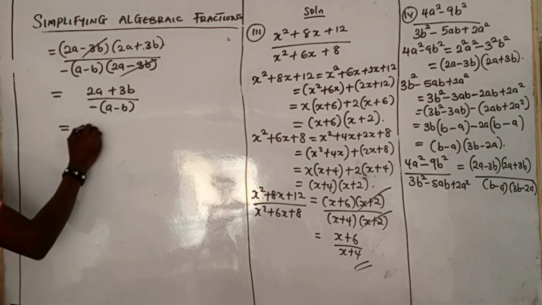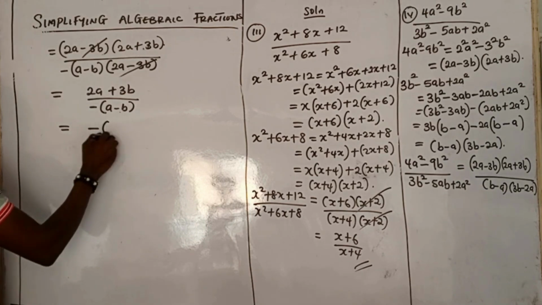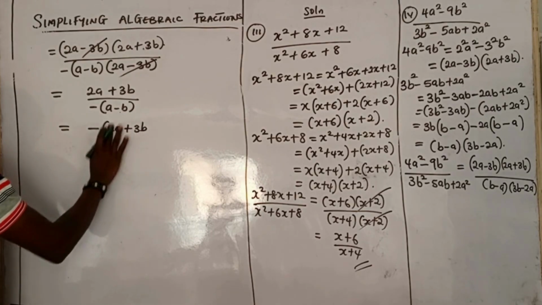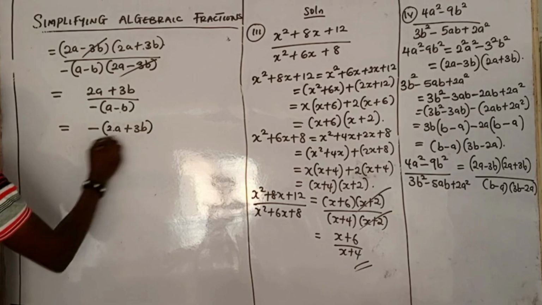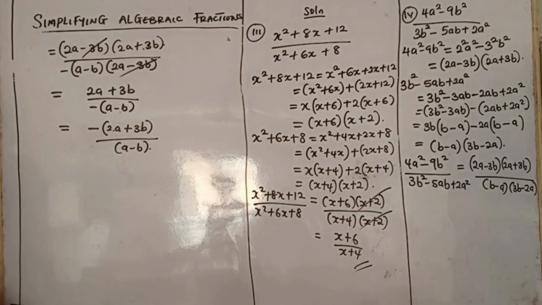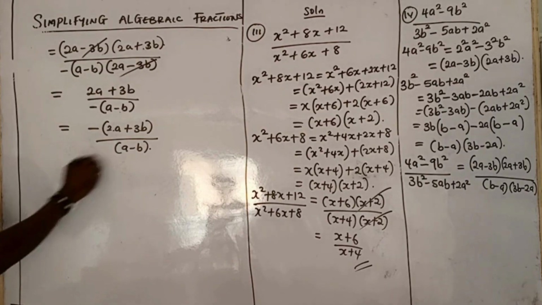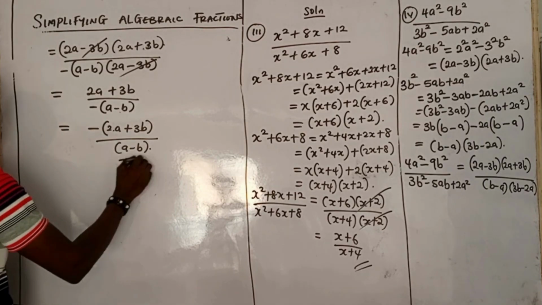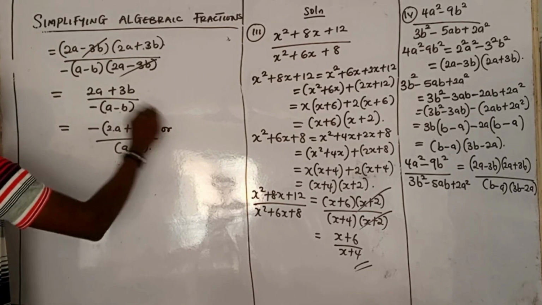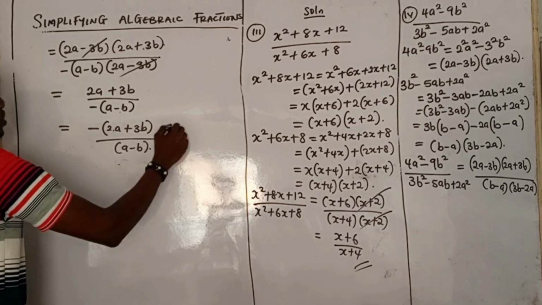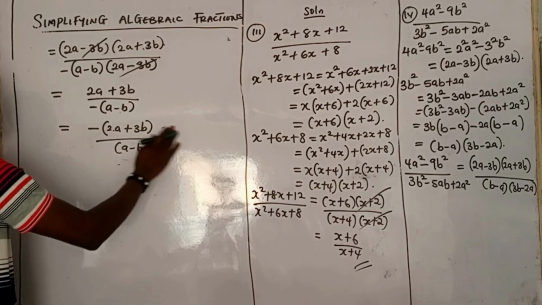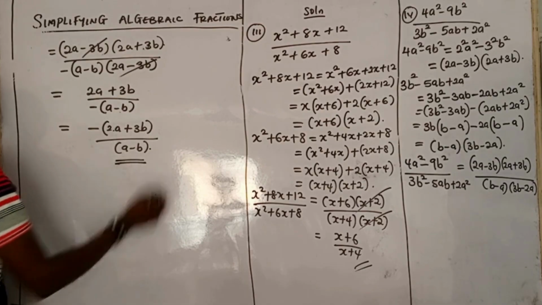So I'm going to have minus, open bracket, 2a plus 3b, all over a minus b. So either you leave your answer like this, or you can leave it as minus 2a minus 3b all over a minus b, but this is fine.